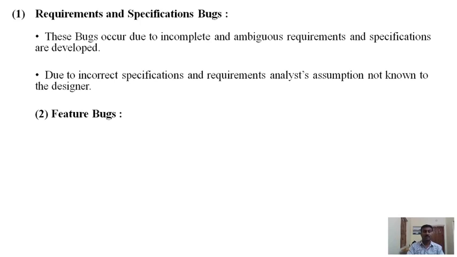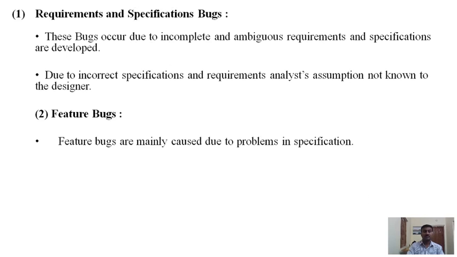Then the second one, feature bugs. Feature bugs are mainly caused by problems in specifications. From the requirement and specification bugs we discussed previously, if there is a bug in the specification, then feature bugs automatically arise.